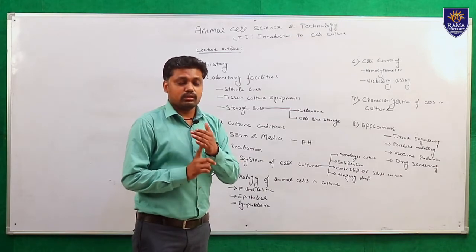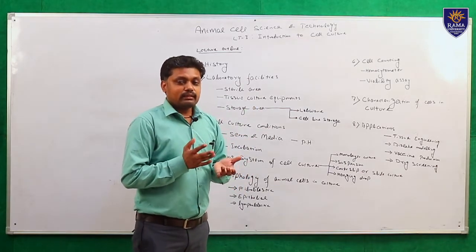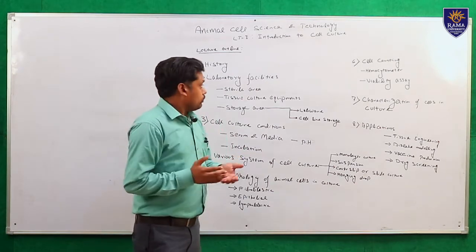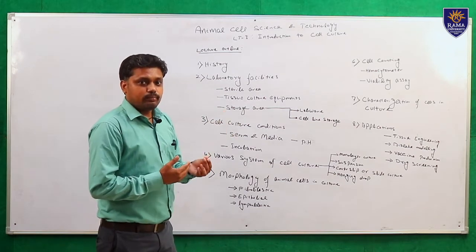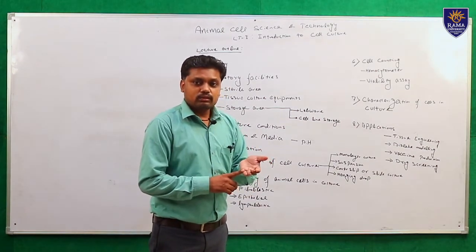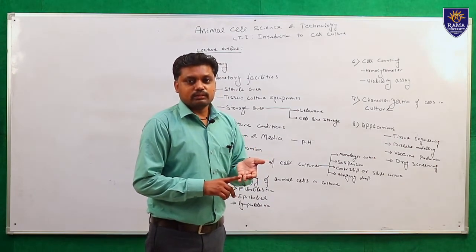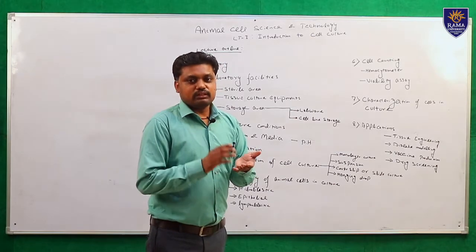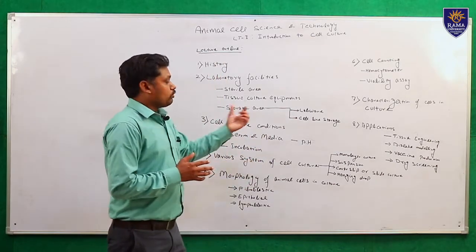You should use proper personal protective equipment and also use laminar flow. Tissue culture equipment: in this we describe 4 or 5 basic requirements: autoclave, inverted microscope, CO2 incubator, and refrigerator. Basically it is not used, it is used for storage. And the last one is the storage area.